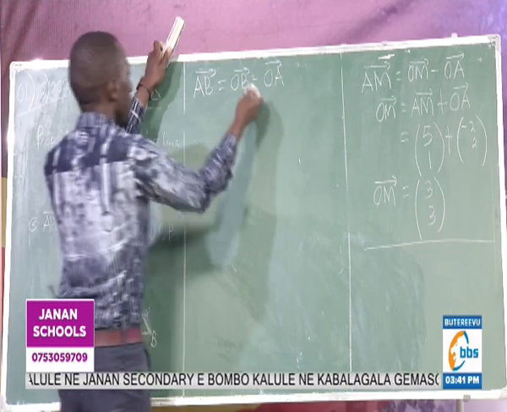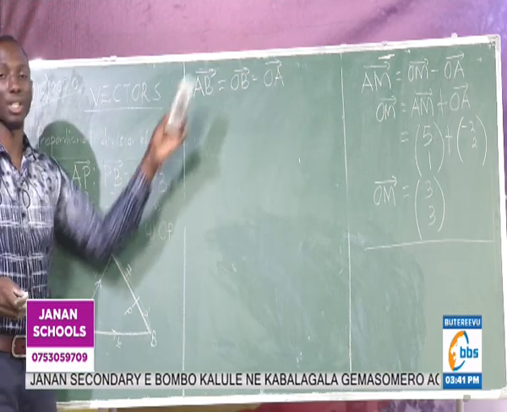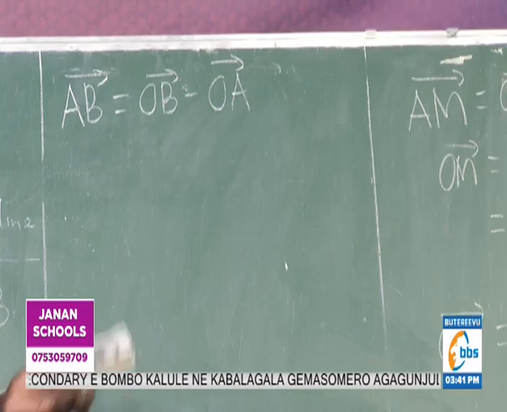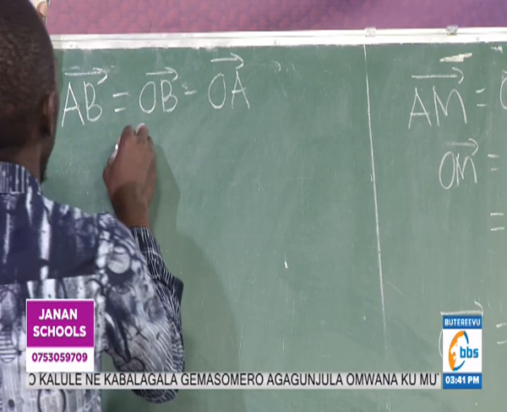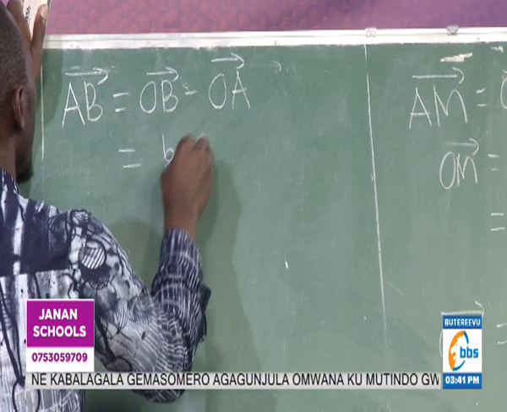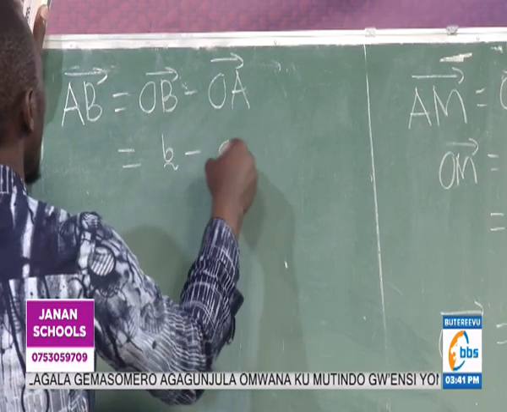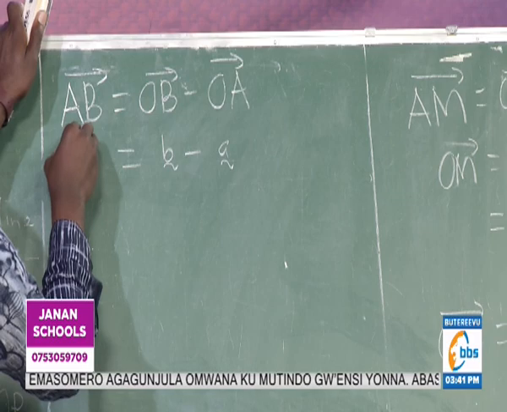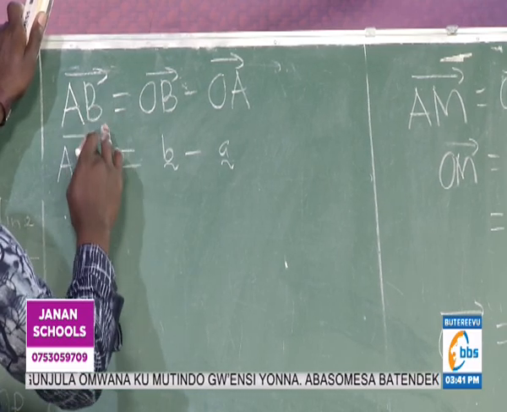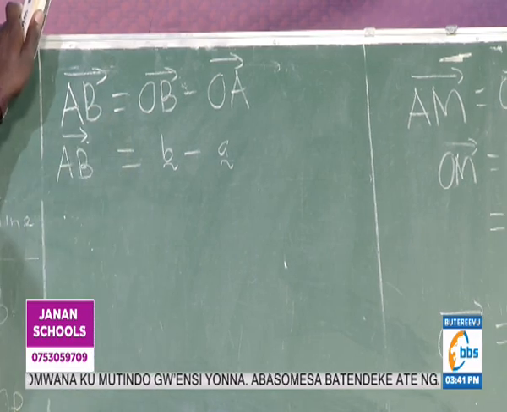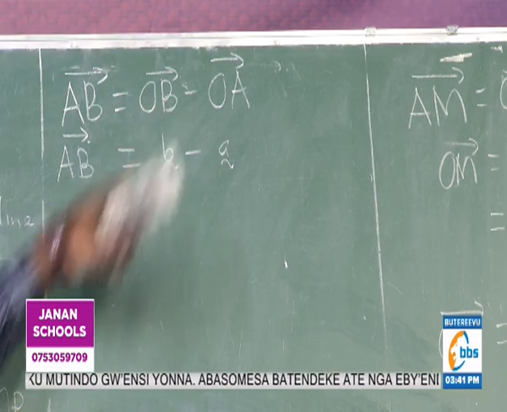We have our OB, which is B. Let's come back and make substitutions. These are just vector symbols. So my AB is going to be like that. In this case, I've just used the position vectors.